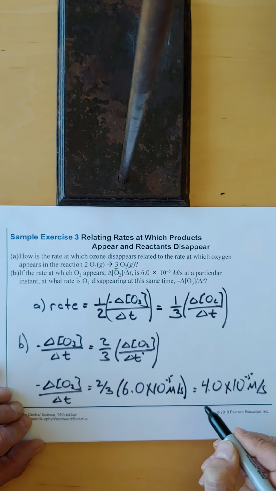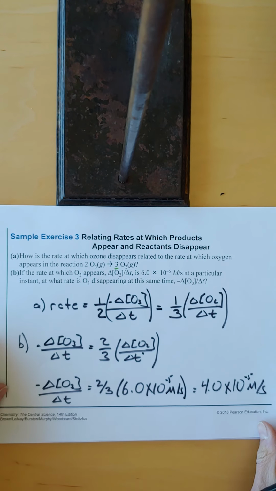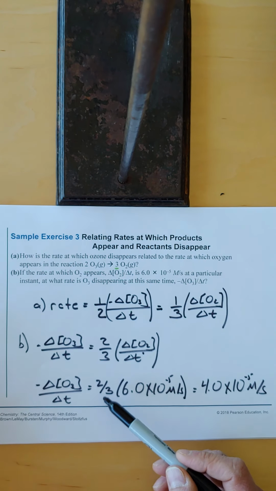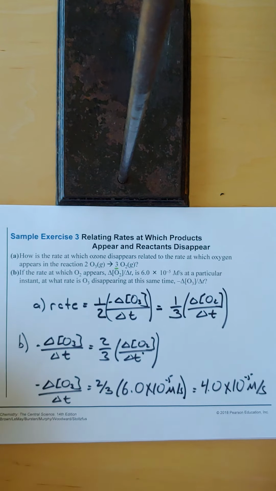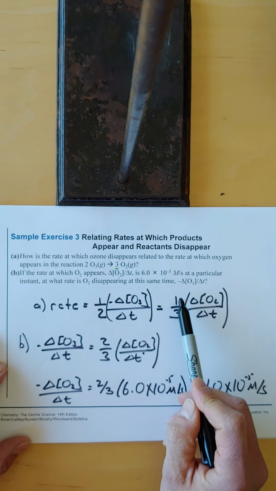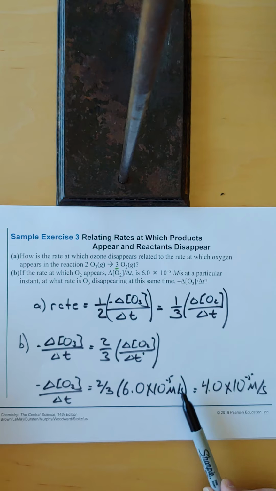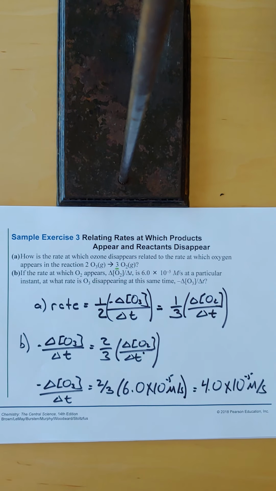So that is the rate at which my ozone is disappearing. That value is 2/3 of that rate. If I take half of the ozone rate, that's going to be equal to 1/3 of the oxygen rate. So half of ozone would be 2 times 10 to the negative 5th, and 1/3 of the oxygen would also be 2 times 10 to the negative 5th. So that coincides with what we figured out for part A with the relative rates.